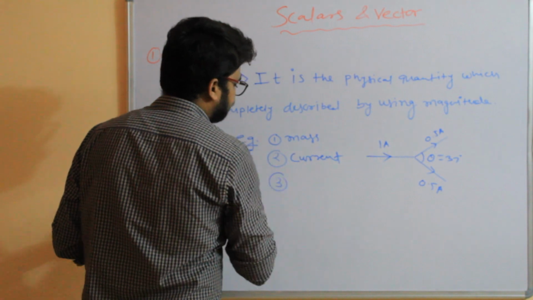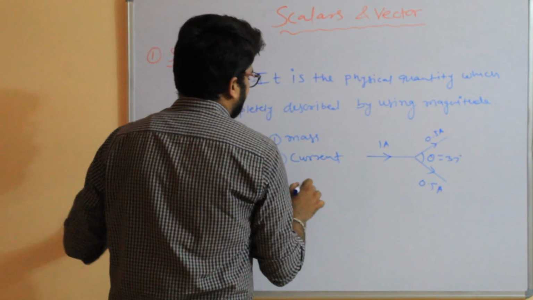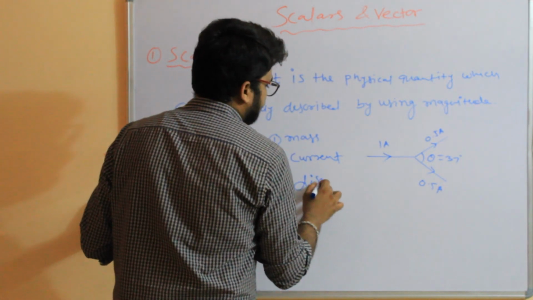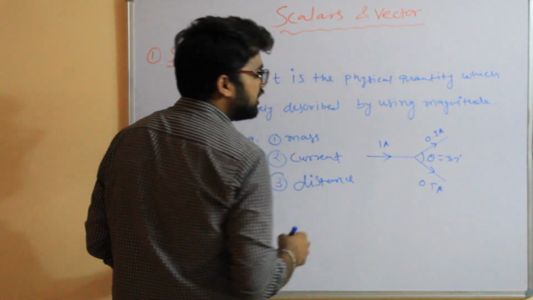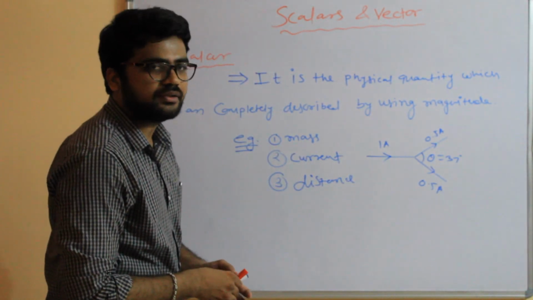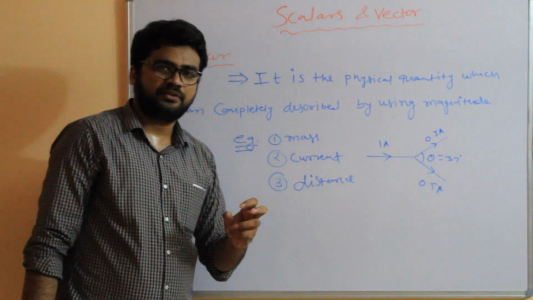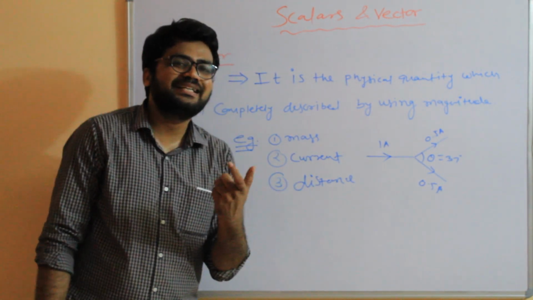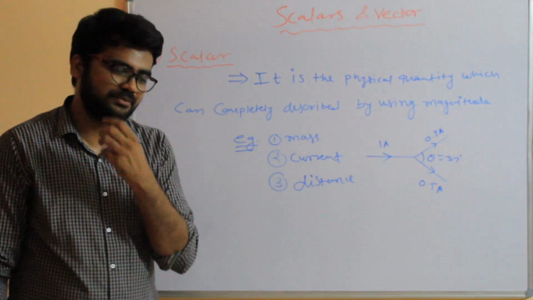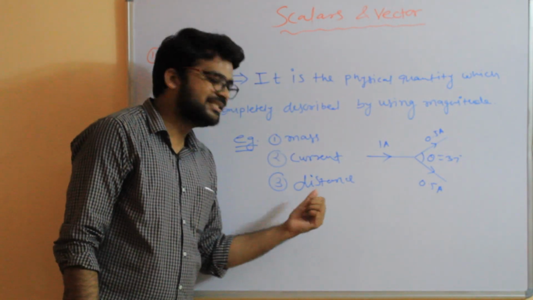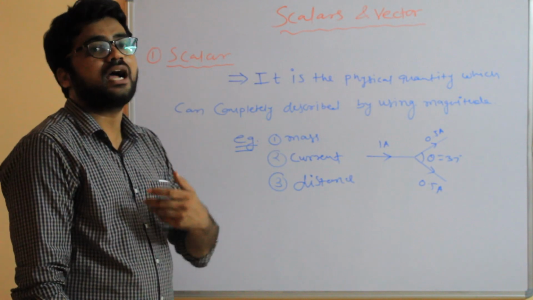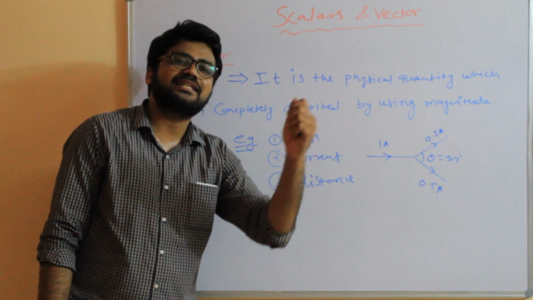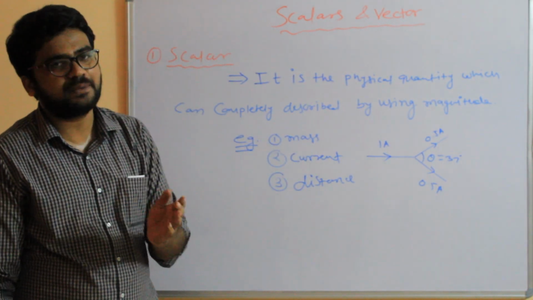Third, we have distance, then speed. If I say 1 meter, I haven't said in which direction, right? That is called distance. Only the length is specified, so that is the distance. Then we have speed. Then we have work, right? Work is the dot product of force and displacement.